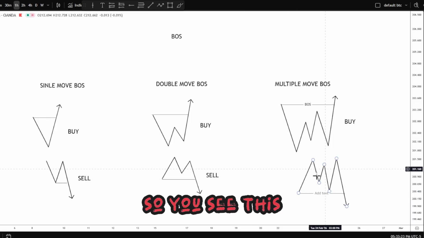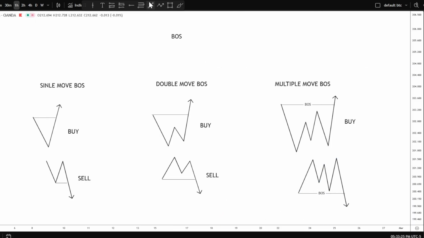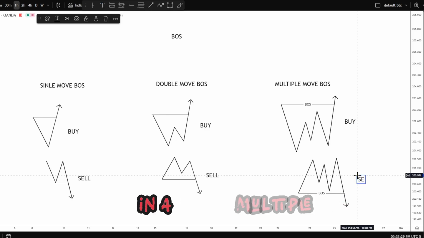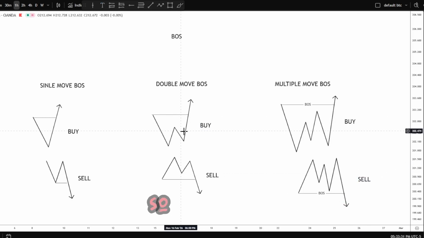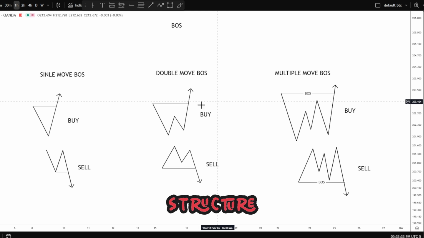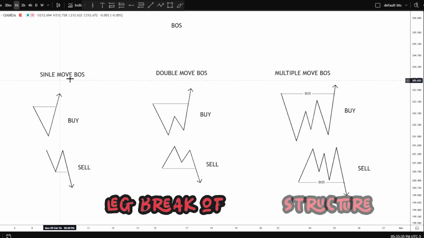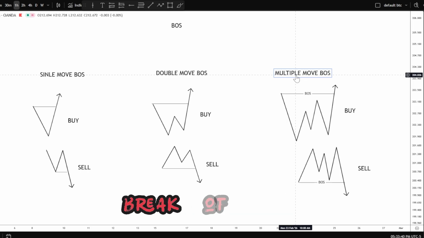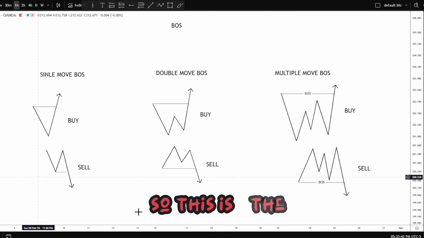So you see, this is the sell BOS. The market broke structure to the downside in a multiple leg. So these are the legs of break of structure. We have the single leg break of structure, the double leg break of structure, and the multiple leg break of structure. So this is the condition for it.